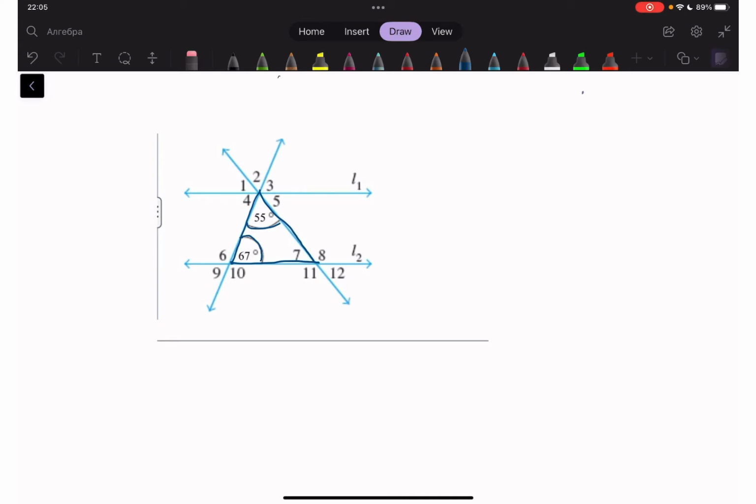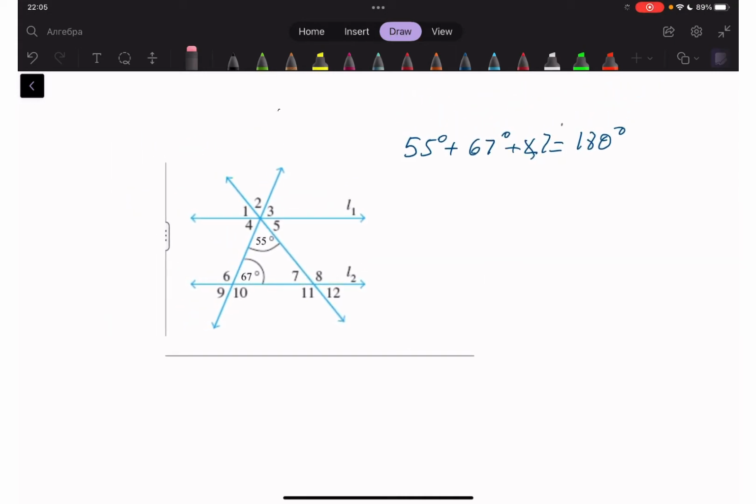And the sum of all angles within a triangle makes 180 degrees. So I can write down that 55 degrees plus 67 degrees plus angle 7 is equal to 180 degrees. Okay, let me clean it so I don't make a mess so we can read it.